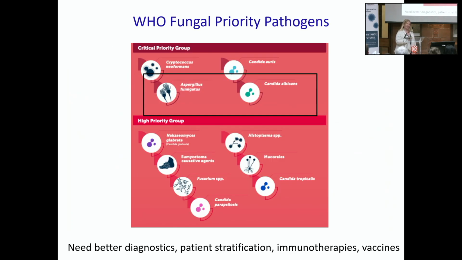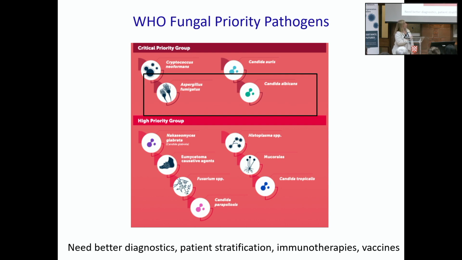The World Health Organization came out with the fungal priority pathogens list a few years ago. In the critical priority group, there's Aspergillus and Candida albicans. This list was made due to the mortality levels from these infections, the increasing prevalence of antimicrobial resistance for these various pathogens, and the fact that we need more treatments.